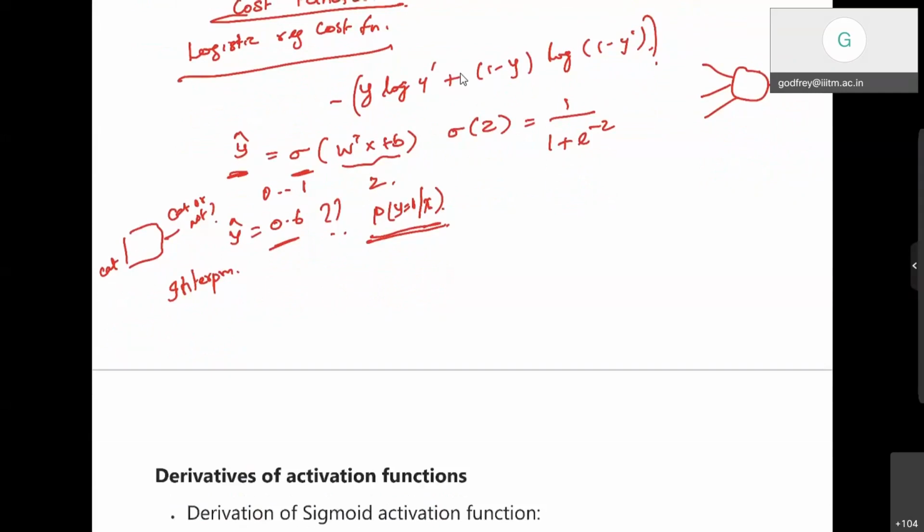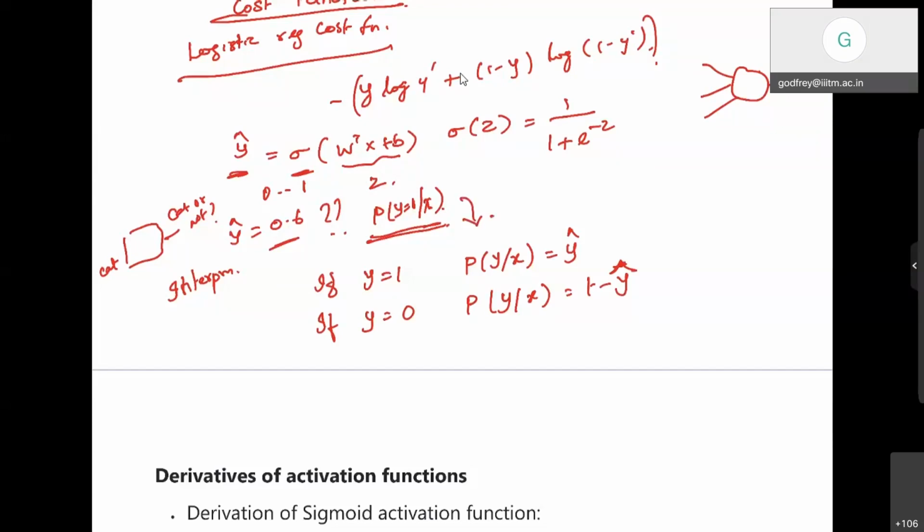You can say it another way also: if y is equal to 1, the probability of y given x is given by y cap, and if y is equal to 0, the probability of y given x is given by 1 minus y cap. So this is another way to say the same thing.